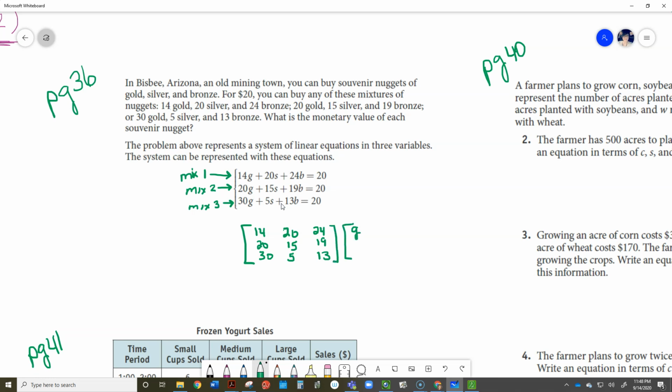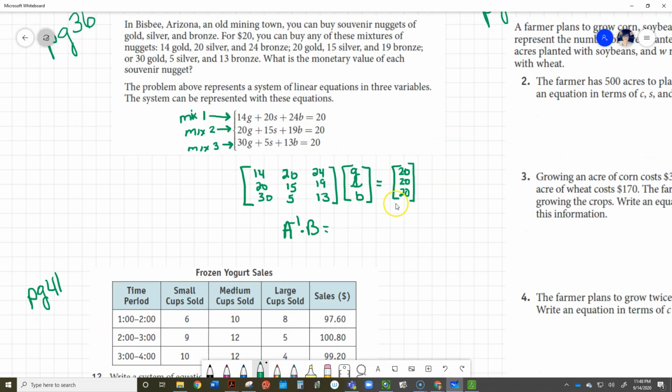This would be gold, silver, bronze, and that would equal 20, 20, 20. This would be your matrix A. This would be your matrix B. And then in the calculator, you would type in inverse A times B to get your answer.